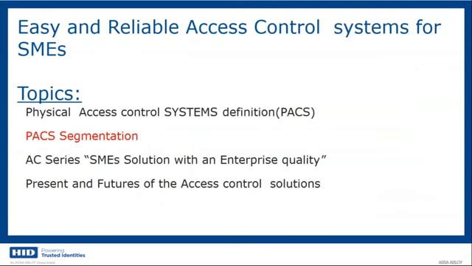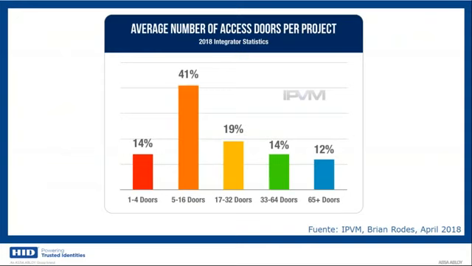Now, we're going to talk a little bit about the market and how it is divided in different segments, okay? This is a study that was done by EPDM in Brazil, and it shows the percentage of solutions that are normally installed in the market regarding the number of doors that the solution needs.